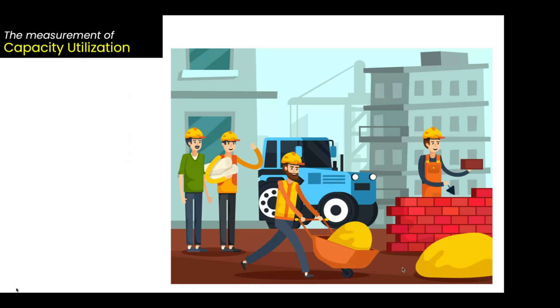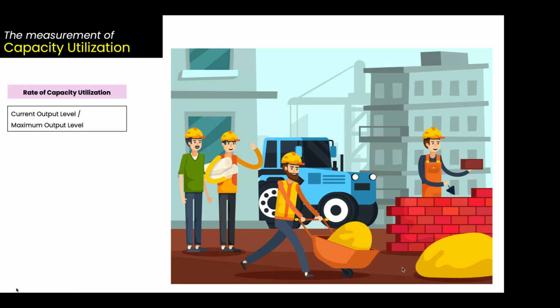In this picture, you see some construction workers moving materials here and there. Someone's holding a brick, someone's holding other materials, and you can assume that this is about producing a building or a house. So let's start. The capacity utilization measurement uses the formula we talked about just now: the current output level over the maximum output level times 100%. At any given time, say in a month, a business would assume that with the number of people and machinery available, they're able to produce 10 houses in a particular month.